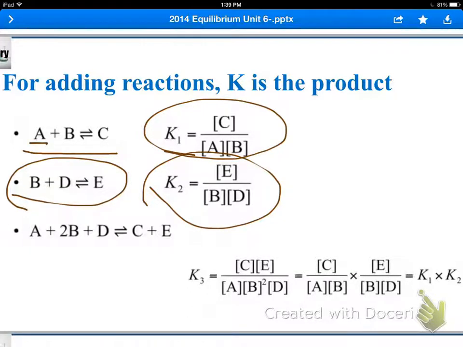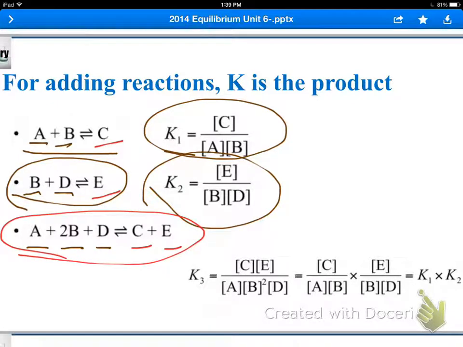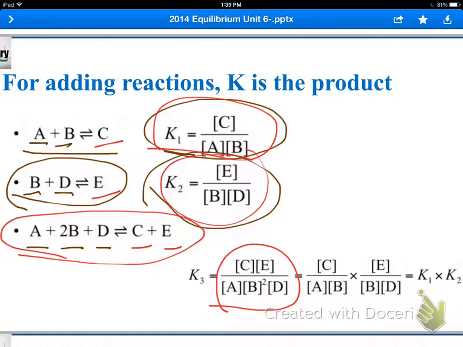So I have A plus 2B plus D as my reactants, giving me as my products C plus E. If I write the equilibrium expression based on what I have here, it's C times E over A B squared D. But if you notice, that is just K1 times K2.